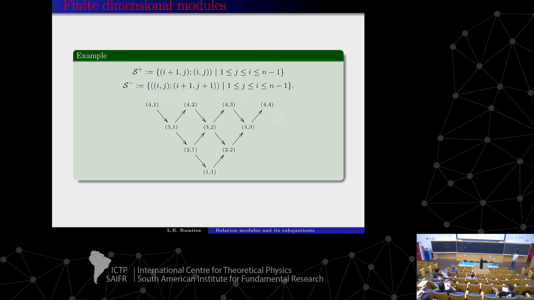So the Gelfand-Tsetlin theorem says that this is an admissible set of relations.